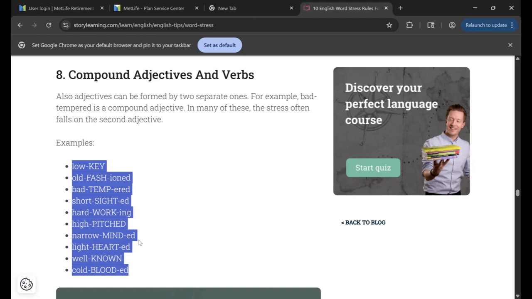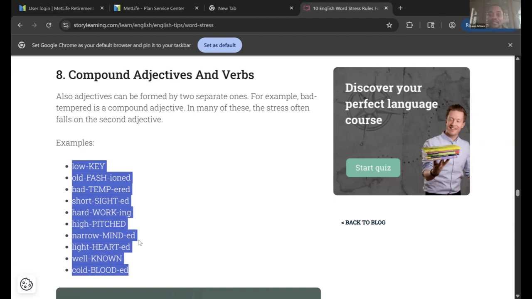Old-fashioned. Bad-tempered. Short-sighted. Okay, you don't know the meaning of each of them? Hardworking, I can. Then if I have one word, I understand. I don't understand another one. I can help you to understand.